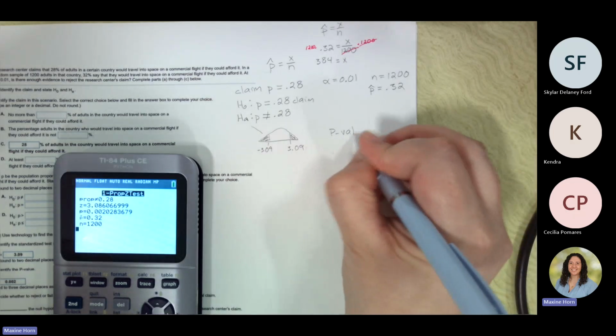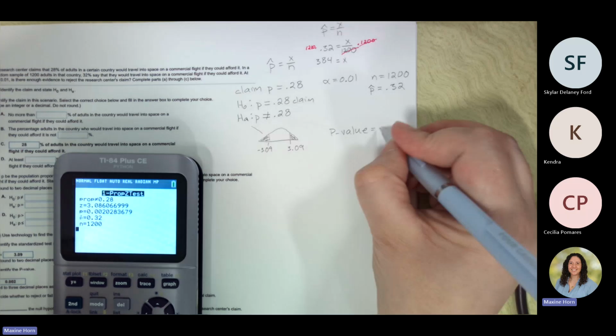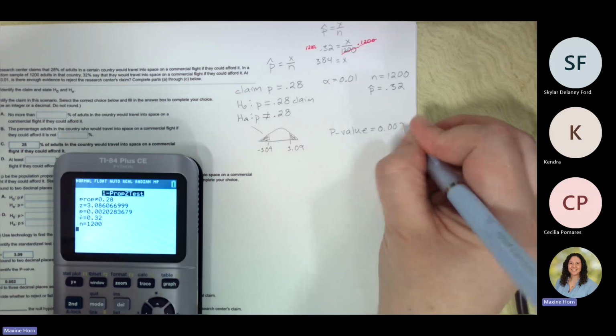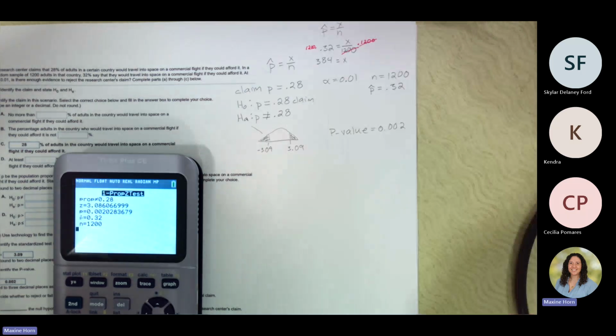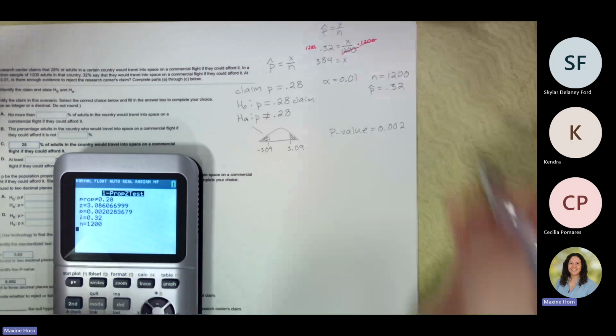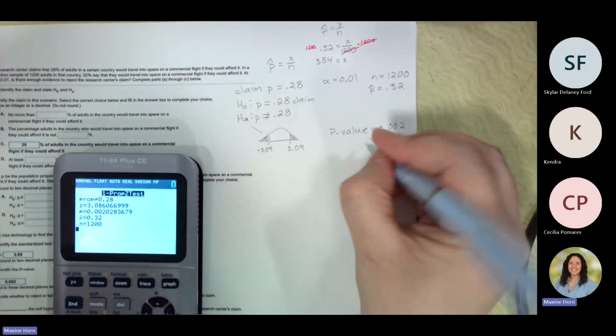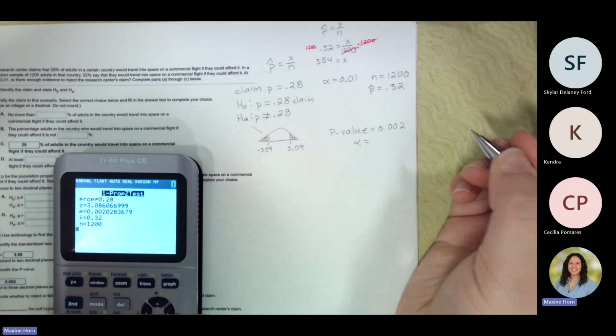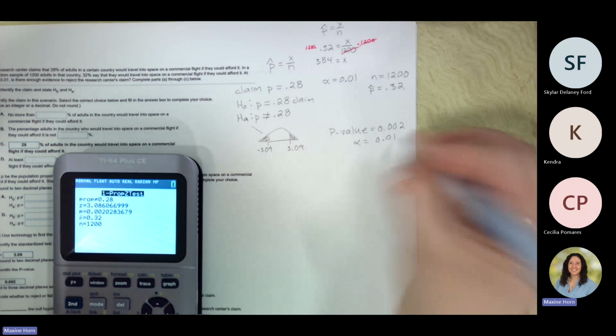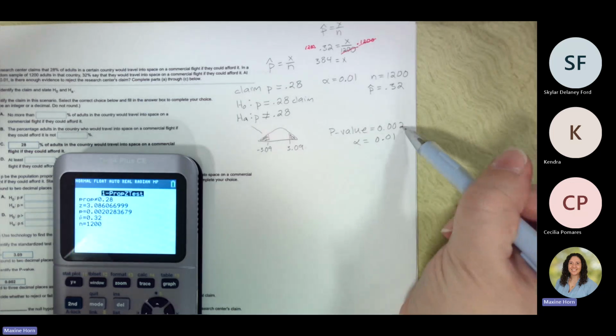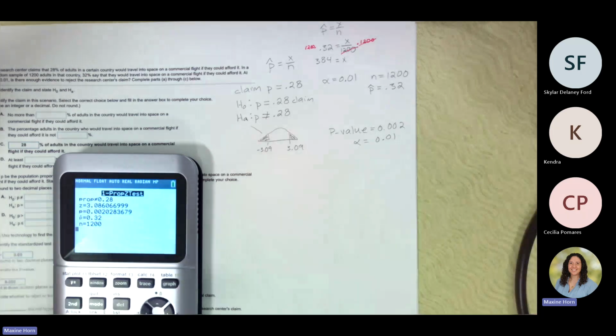So our p-value is 0.002. Now we're going to compare that to our alpha, our level of significance, which was 0.01. So our p-value is less than our alpha.